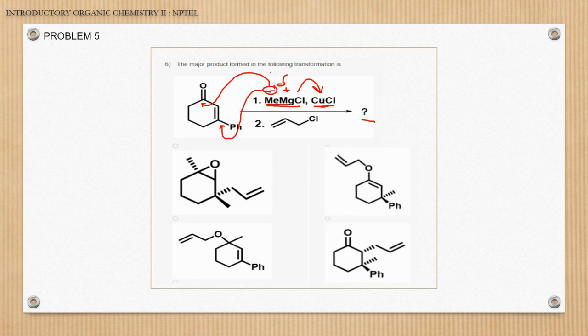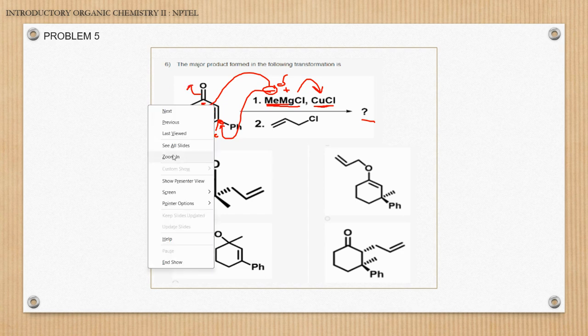So the soft nucleophile, as I have told earlier, will attack the soft electrophilic center. So here it is going to give you the methyl addition at the 1,4 position. If your methyl is attached at this position, then you will have this conjugation here and again here, right?